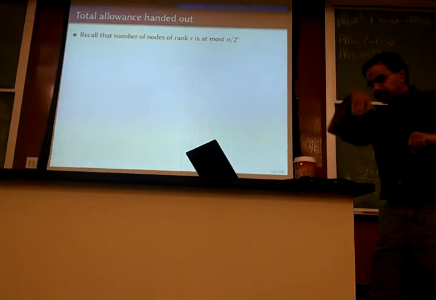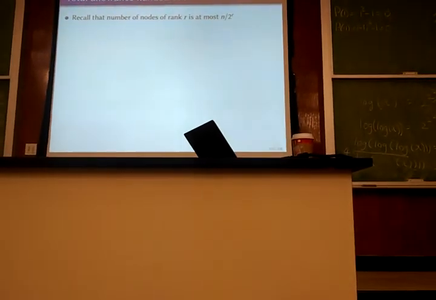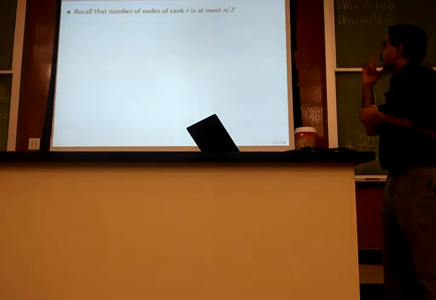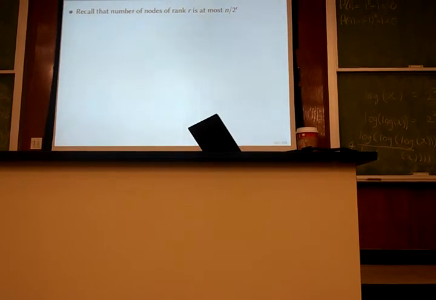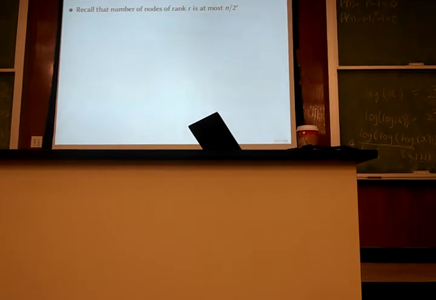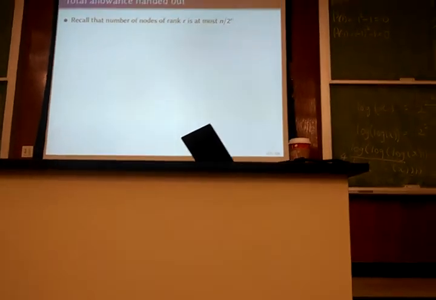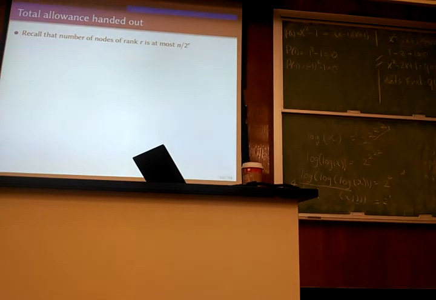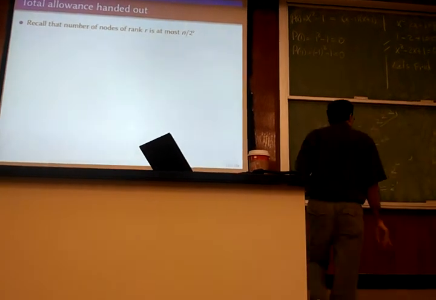This is not very difficult to show, because remember, because of the way we are making the smaller set the child of the root of the larger set, any set with n nodes will have a rank of at most log n.